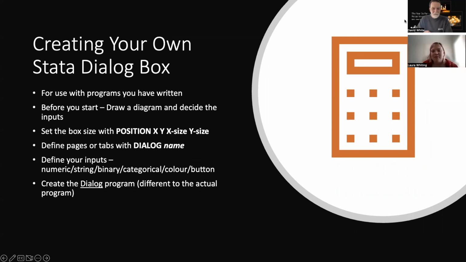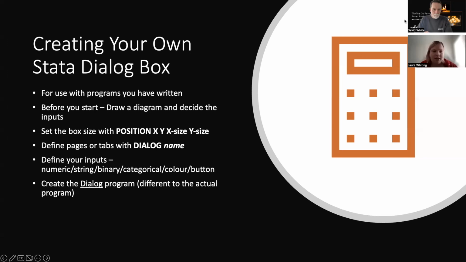But this is really just a continuation of the programs. When you've made your own program, it's a user-written command, and it's all done through the command line. But Stata has a whole bunch of programs that are done through the command line and through menus, and you can make your own menu. That is what this webinar was about. It was taking you through how to code this in a text editor.